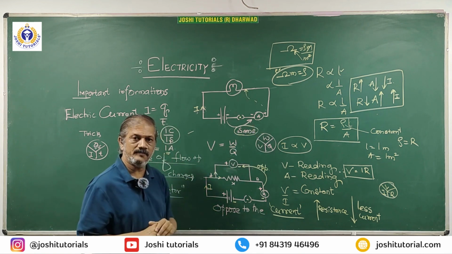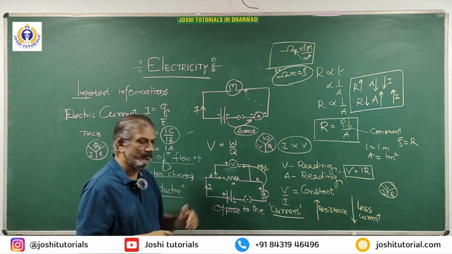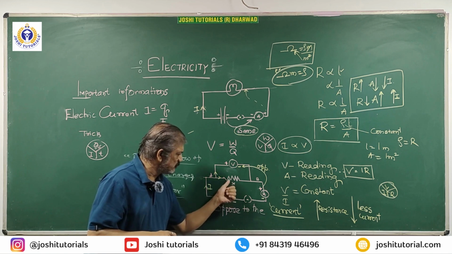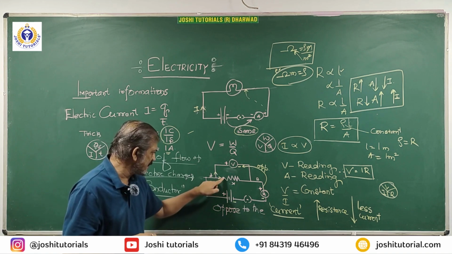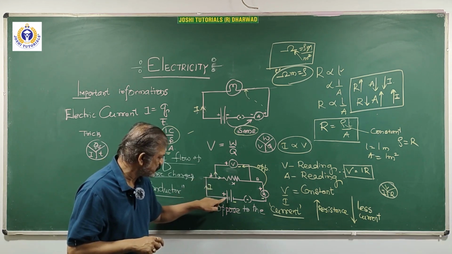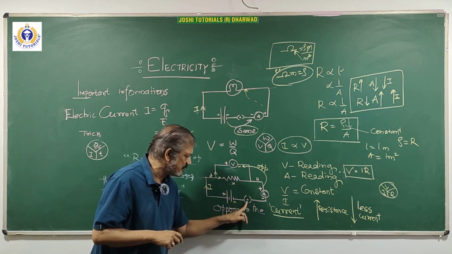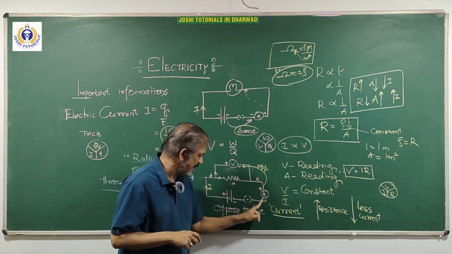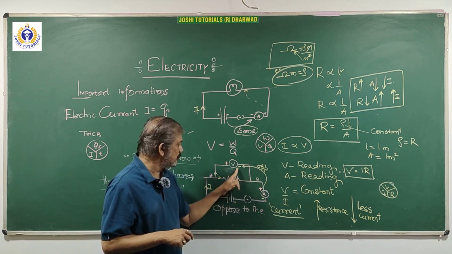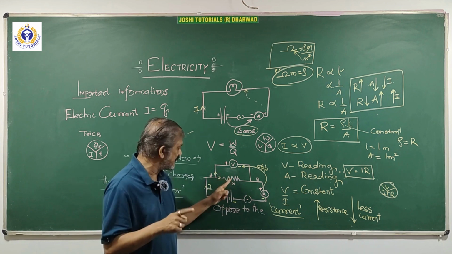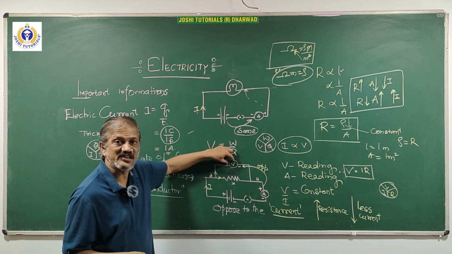Now, if you come to this diagram, one of the best scientists, Ohm, wanted to know the resistance of the conductor. That's why it is written X. You see the connection of the wire: it is taken to the positive, then from the negative pole the wire is connected to the switch, closed, and then to the ammeter. Always remember, the voltmeter is connected in parallel, because it has high resistance.